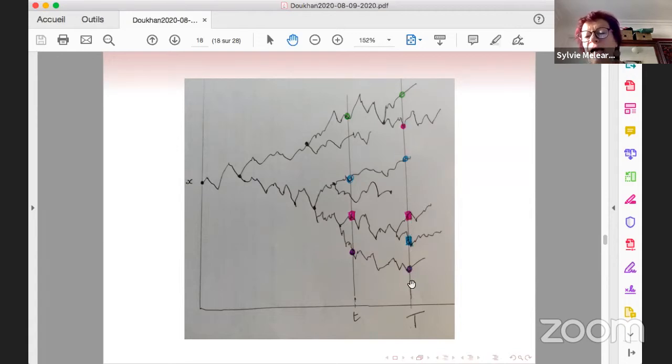You could ask, given this observation, what is the distribution of the traits of the ancestors of my observed individuals at time small t, or even what is the total path of all the ancestors responsible for my observations.